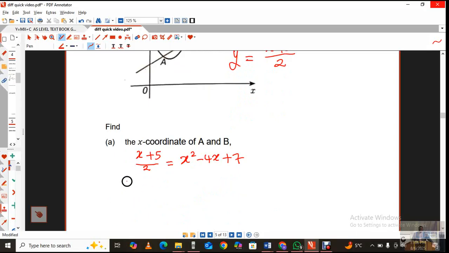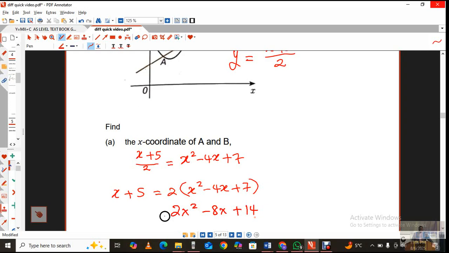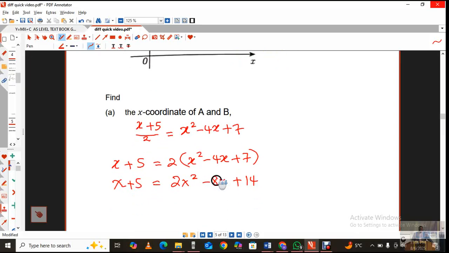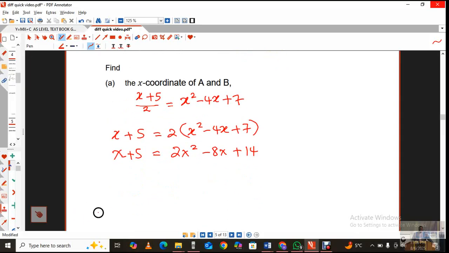Bottom line, just multiply throughout by 2. That will do 2 multiplied by x squared minus 4x plus 7, so this gives us 2x squared minus 8x plus 14. Then move the x plus 5 over, because quadratic equations are supposed to equal 0.